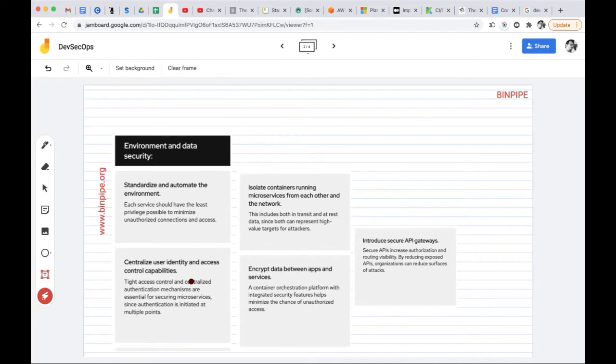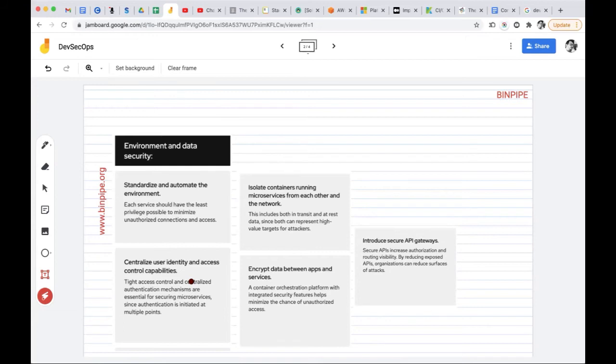Then isolating containers running microservices from each other and the network. Like, each container should be independent and should be isolated. So even if one of the containers is compromised, that doesn't create a chain reaction across your applications, because all microservices are interlinked. So that should be kept in mind.